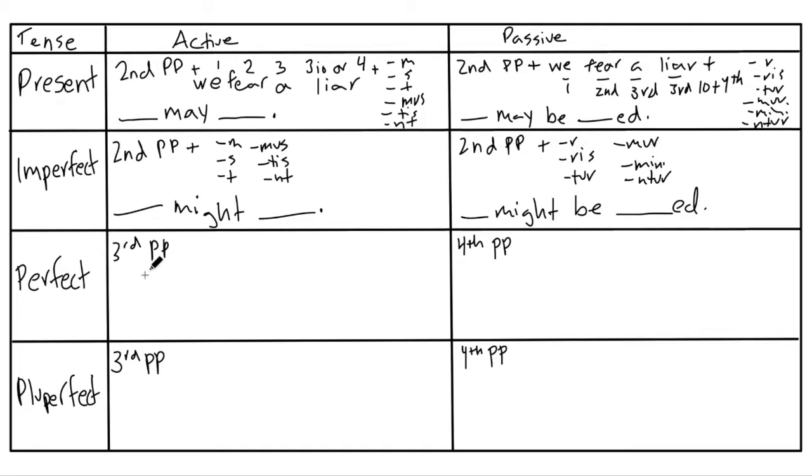If you have a third principal part for the perfect active, you remove an i. You also do this when you're constructing the pluperfect. And then you just add on erim, eris, erit, erimus, eritis, erint.